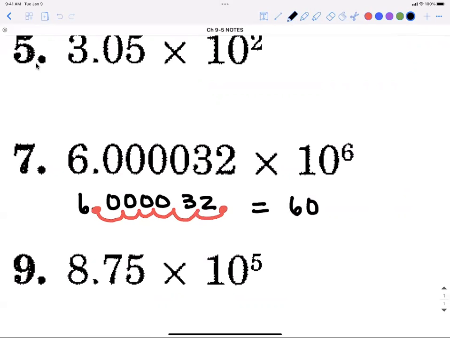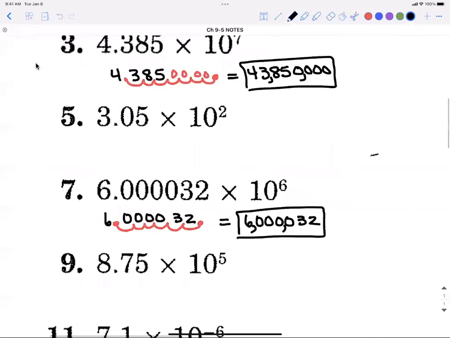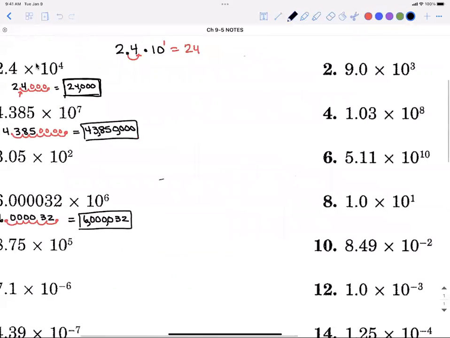So 6, 0, 0, 0, 0, 3, 2. And then starting from the right, work your way backwards and put a comma every third spot. And that's what you're going to circle as your answer.